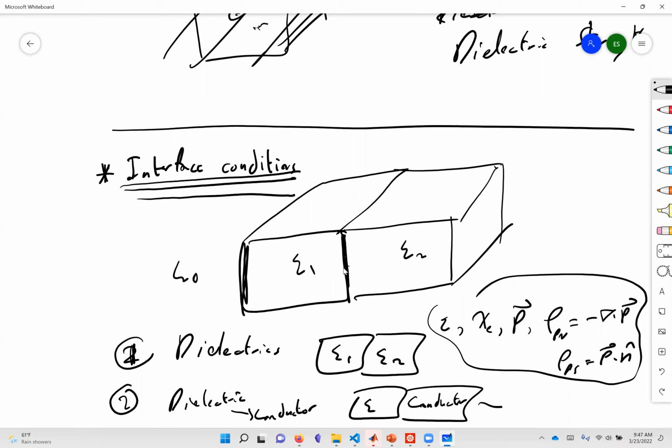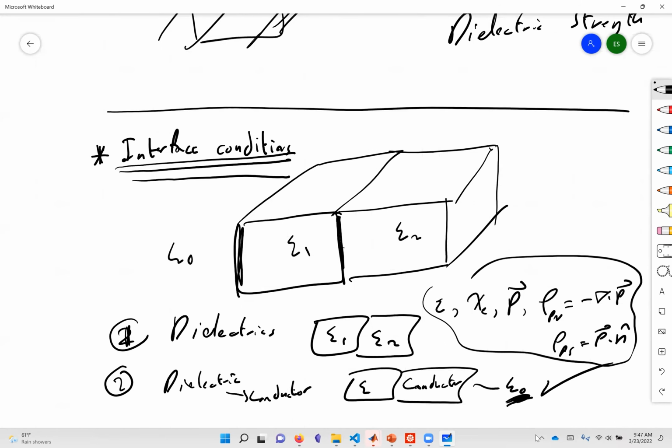So for the conductor, epsilon is going to be epsilon naught, because the conductor does not polarize, right? So there's only going to be the free space polarization. So there won't be an epsilon for the conductor. It's going to just be epsilon naught. However, the conductor is a different kind of material, right? It has an infinite amount of free charges. We already covered this. Now we want to do this, okay?